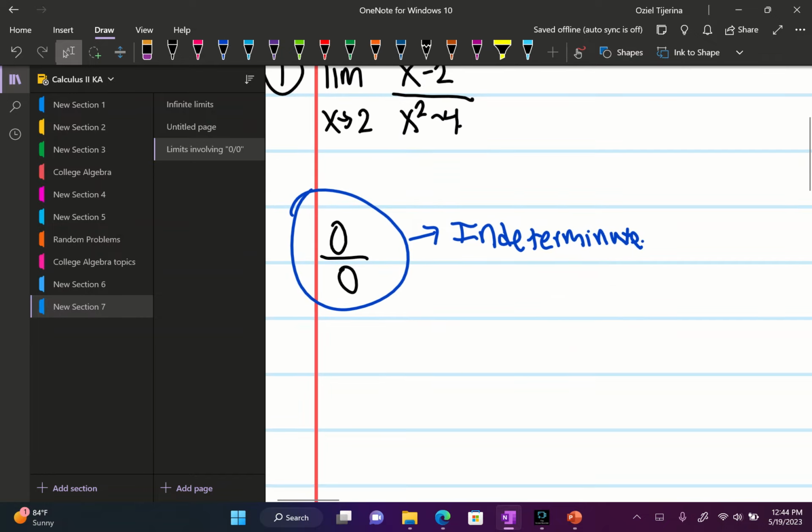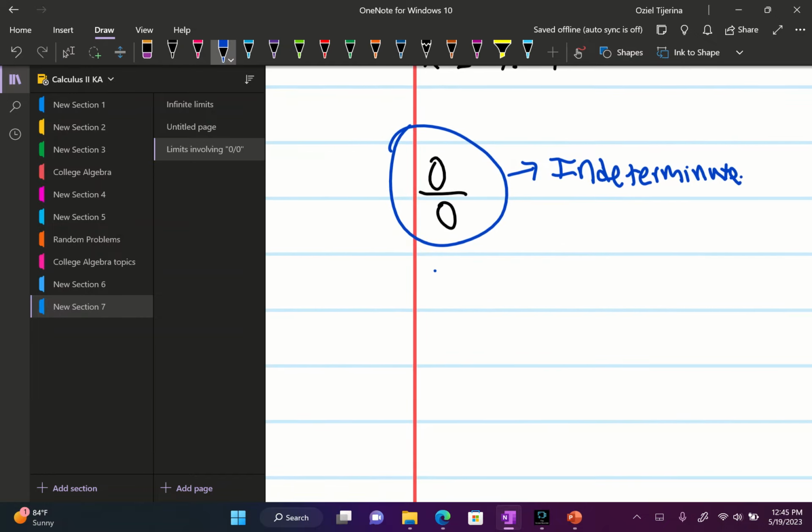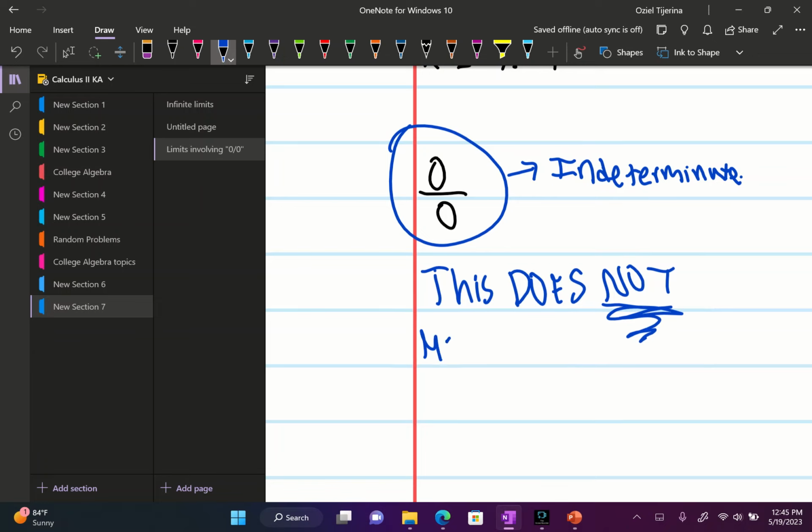Now, I do want to clarify that this does not mean that the limit does not exist.